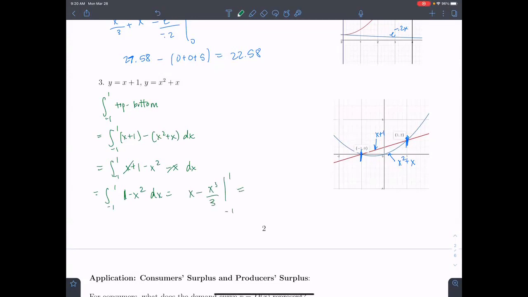When you plug in the 1, you get 1 minus 1/3. Plug in a negative 1, you get negative 1 plus 1/3. So 2/3 minus negative 2/3, so 2/3 plus 2/3, which is 4/3.